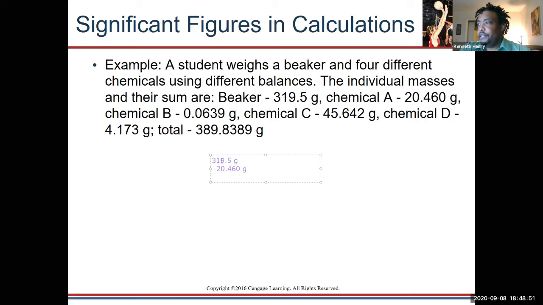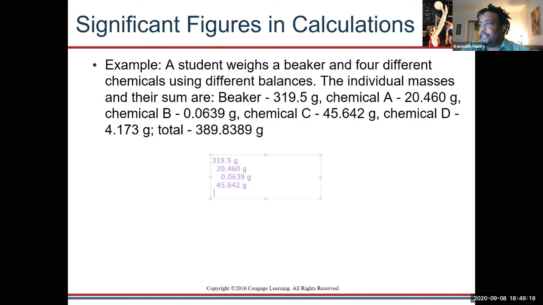Chemical B is 0.0639 grams. Chemical C is 46.642 grams.